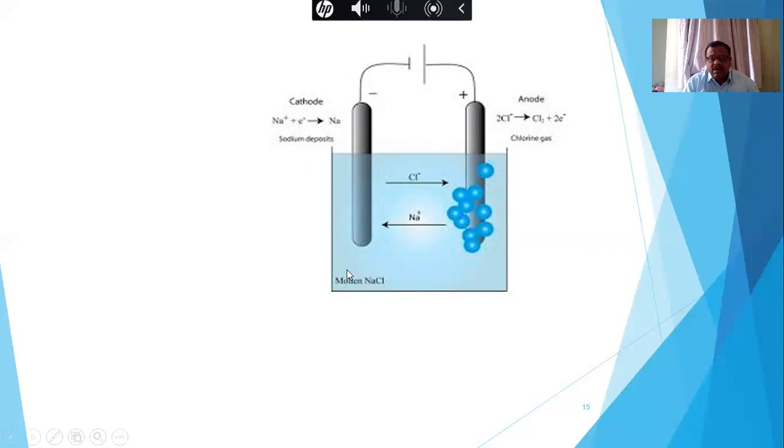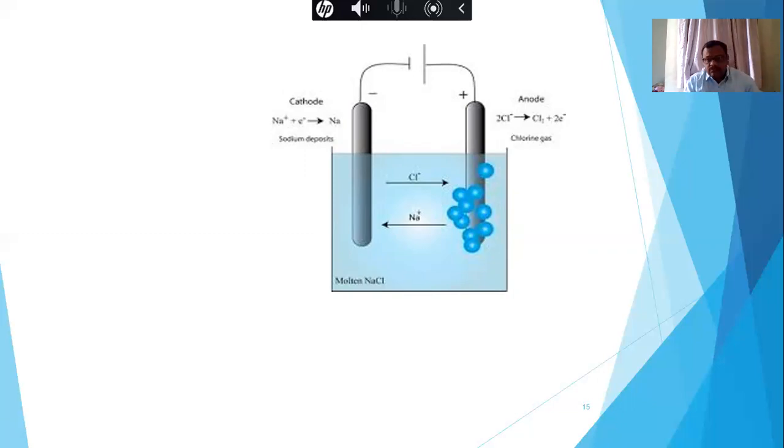From this diagram we can clearly understand that there is a migration of sodium towards the cathode and migration of chloride towards the anode. From this diagram we can clearly understand what is an electrolytic cell.